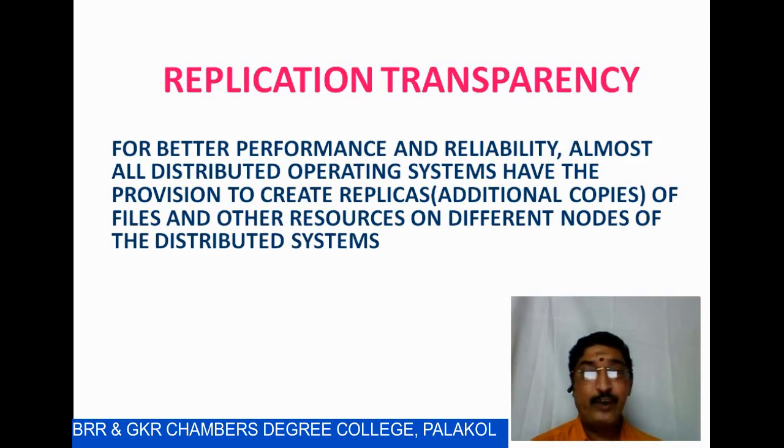This gives much more security to the data. If data in one node is damaged, the same data will be available on another machine. If a particular machine fails while working, data from another machine will be used, and with its help the system will continue working. So replication transparency is also very important.